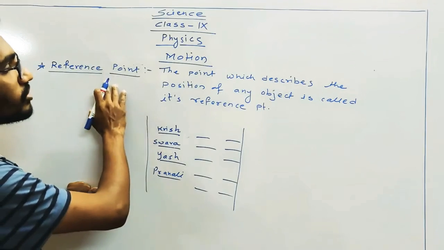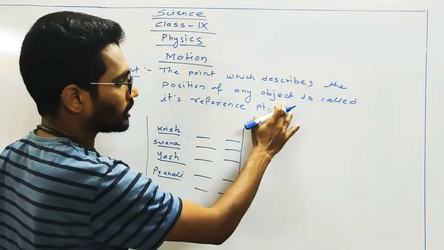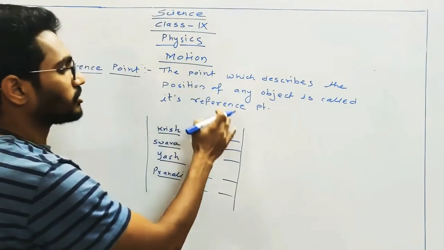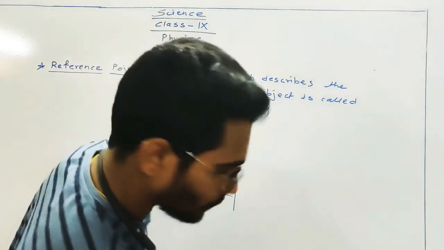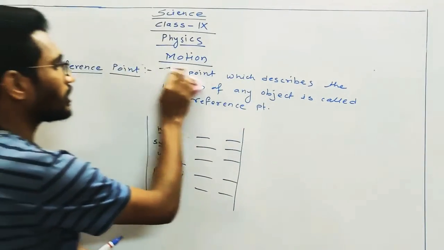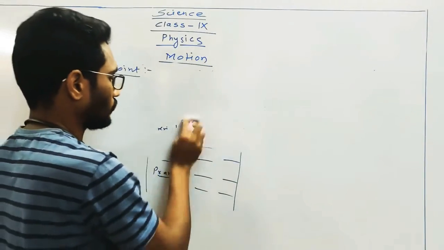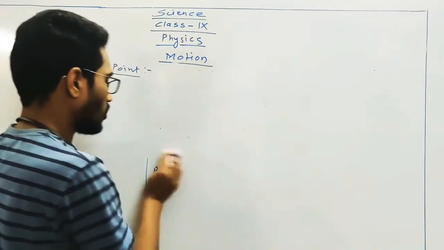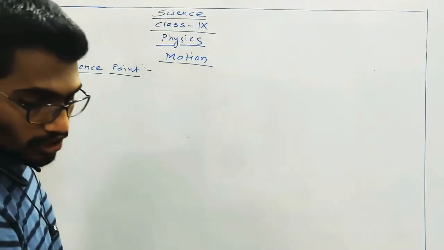So reference point is nothing but the point which describes the position of any object is called its reference point. Is it clear to all? Okay. Now, अब हमें position पता चल गई with the help of reference point. Now we can find out whether the object is in motion or not.